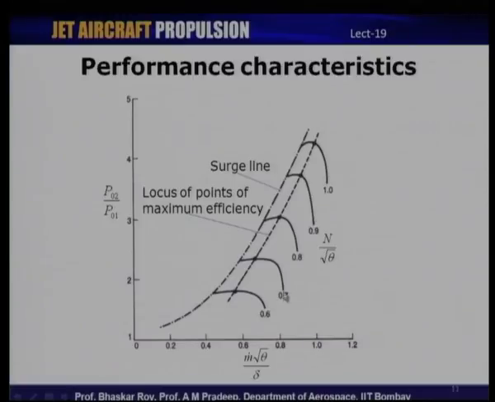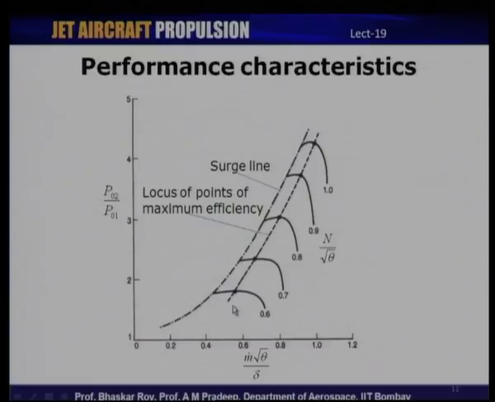All these lines that we see here for 0.6, 0.7 and so on correspond to different values of N by root theta. There are two lines shown here, one is the surge line and the other is of course the point of maximum efficiency.